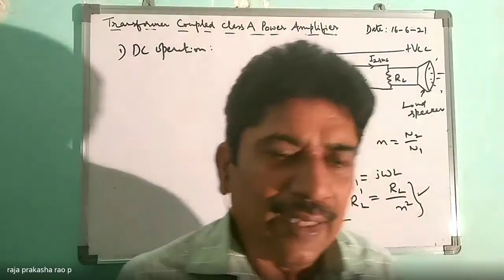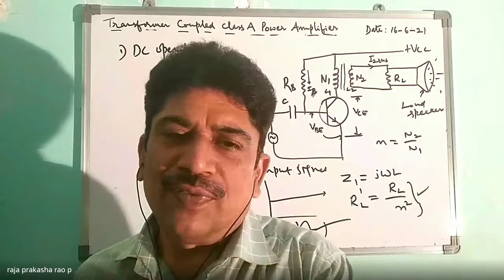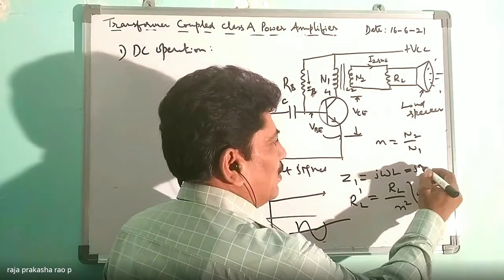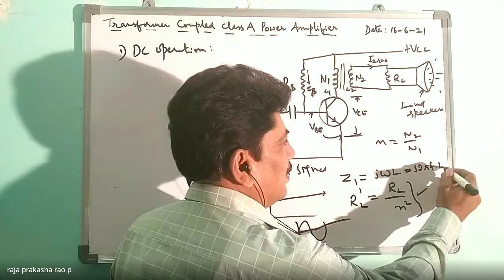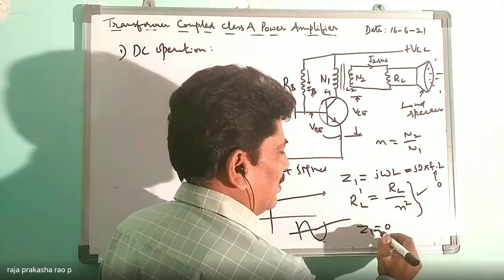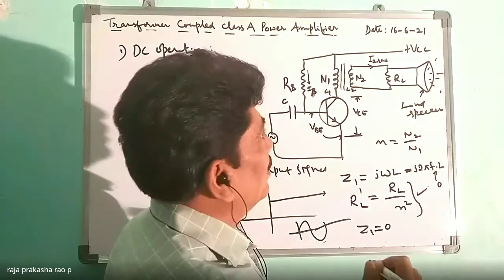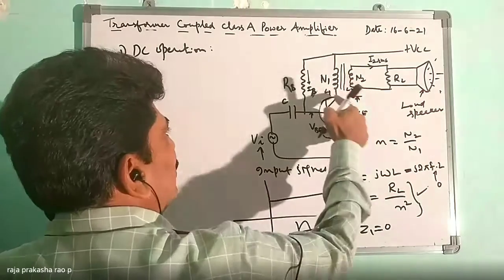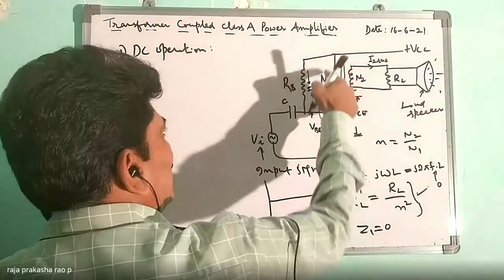Here, at any point of time, it is a straight line. So frequency is 0. So Z1 is equal to j into 2 pi f into L. This f is 0, so Z1 is equal to 0. So in the DC operation, the impedance is 0.